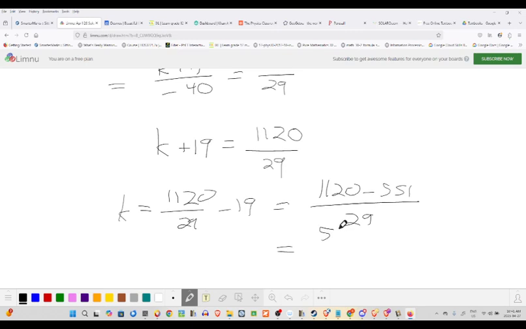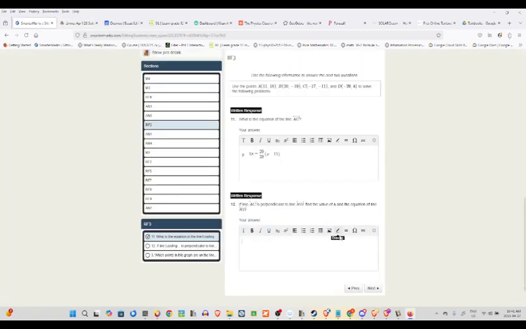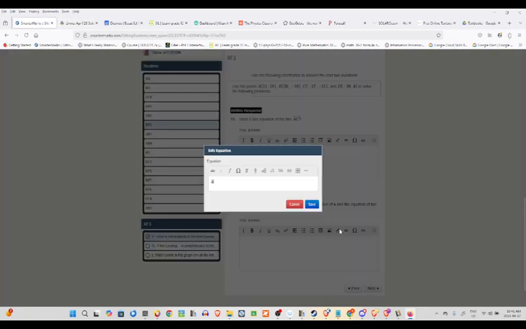So that is 569 over 29, which does not appear to reduce. So we have K is 569 over 29.